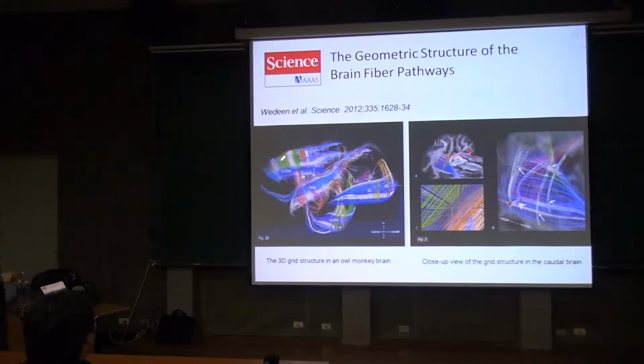At any place you can see they crisscross each other in a very highly organized way. This is the finding we found. And now we start to see the same grid pattern in the human brain. We still don't know why the brain shows this highly regulated crisscrossing pattern, like a grid, like a crystal. Okay.